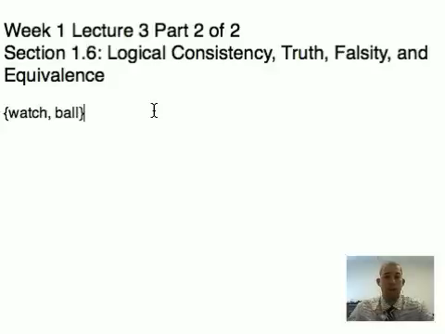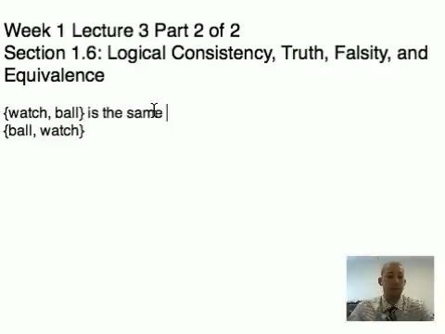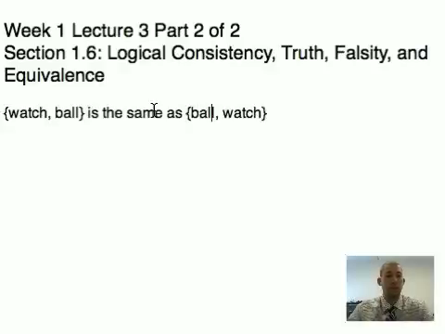So this set is equal to the set that contains the ball and the watch. These two are exactly the same. There really is only one set, just two different ways of representing it.